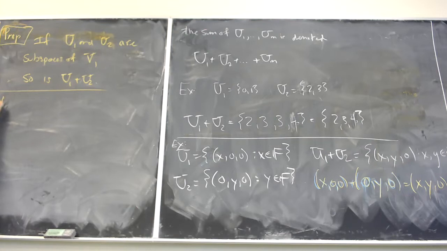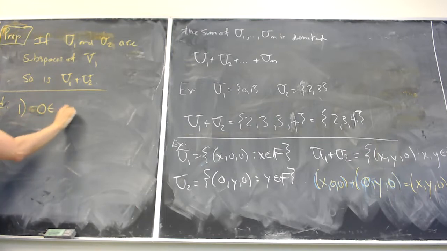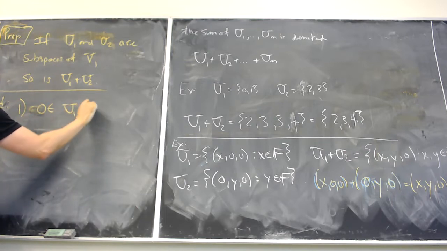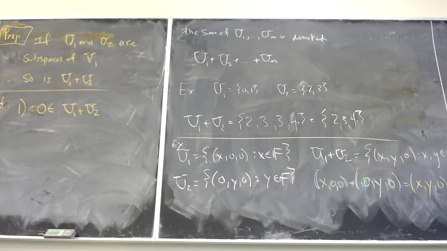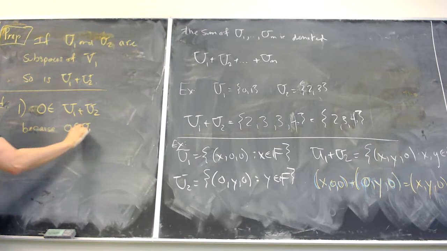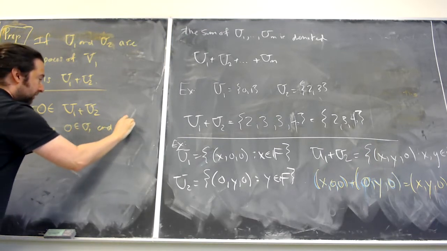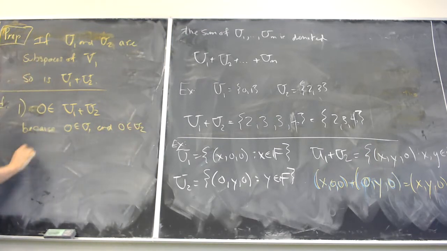So let's do that. Step one is, well, okay, 0 is in U1 plus U2. How do I know? Well, is 0 a sum of something in U1 and something in U2? Sure, because 0 is in U1 and 0 is in U2.